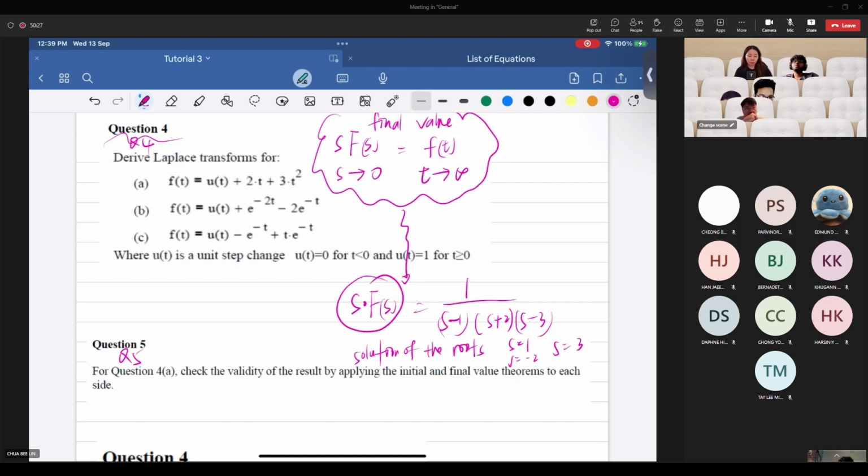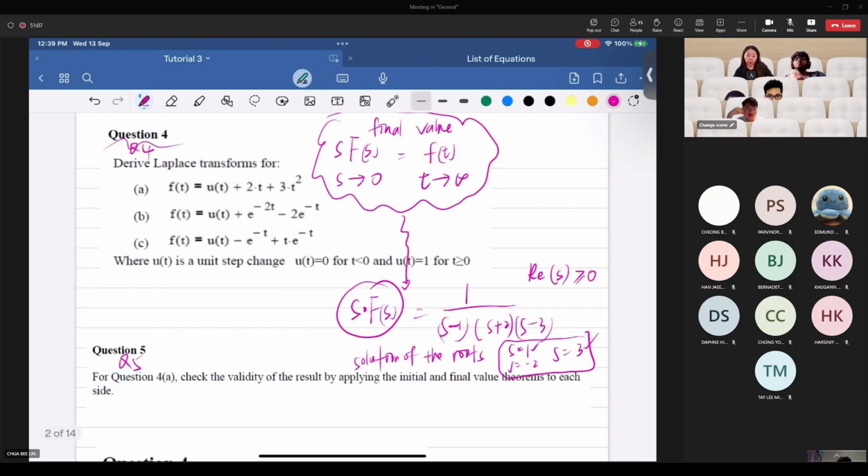Okay, if the real part of your s answer is larger than or equal to 0, it means it is a positive number, 0 also, yes. If you have positive answers, like you have 1, minus 2, 3, these two are already larger than 0. So if you have this solution, you cannot use the final value theorem.